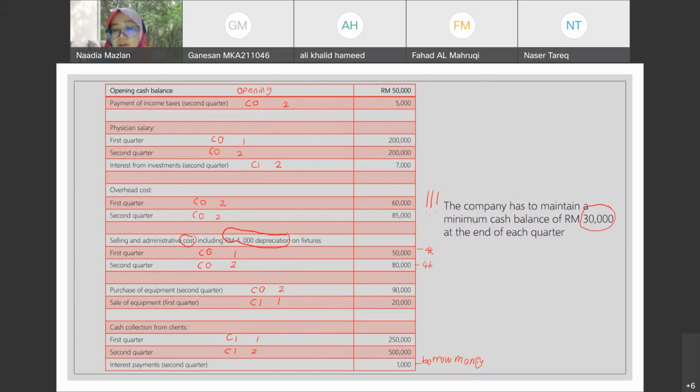If it's less than 300,000, they need to borrow money, for example a loan from a bank. Then this becomes an interest payment, a cash outflow.